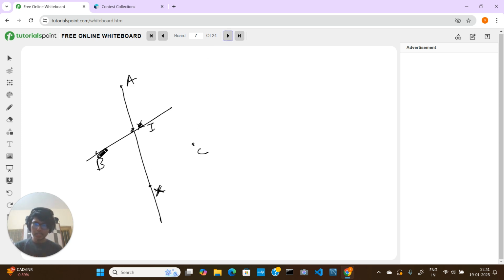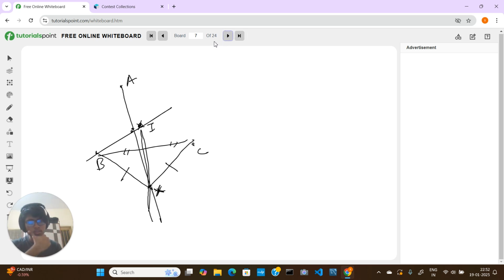We have this point X. What we know is BX is equal to XC, and the angle bisector of angle BXC is the side bisector of BC. So somehow if you get the side bisectors of BC and AB, then you will get the circumcenter. So now you are stuck.